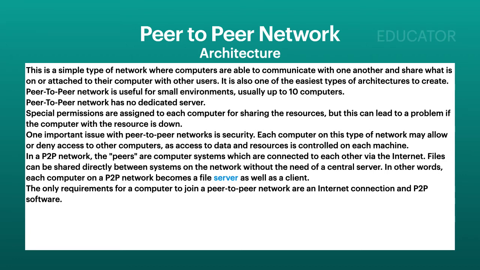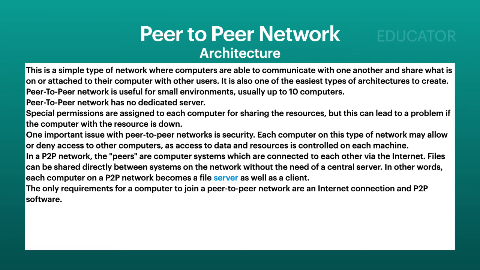I will show you practically in other sessions how we can do that. Peer-to-peer is a very simple thing that happens in a small environment, up to 10 computers, where we have 10 seats, maximum 10.